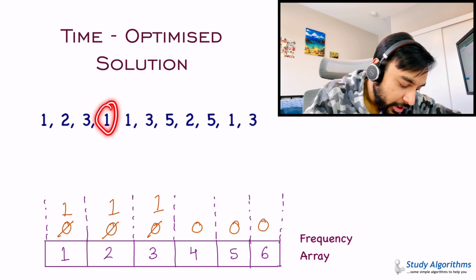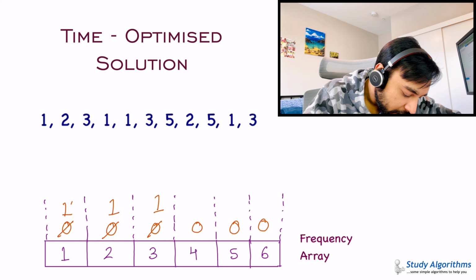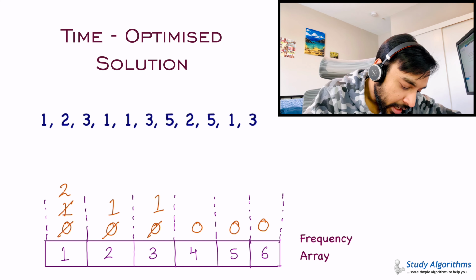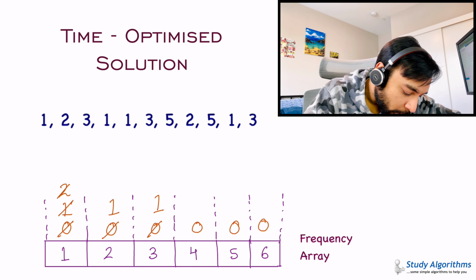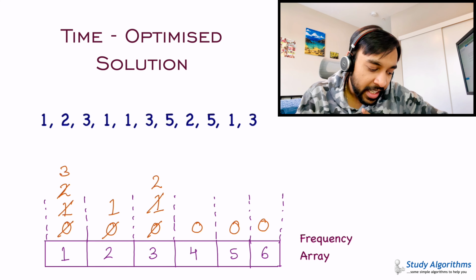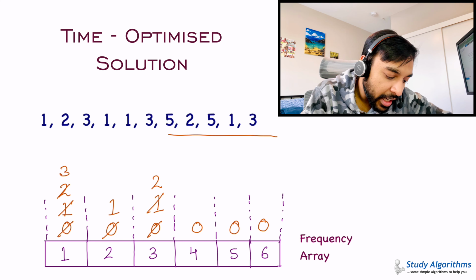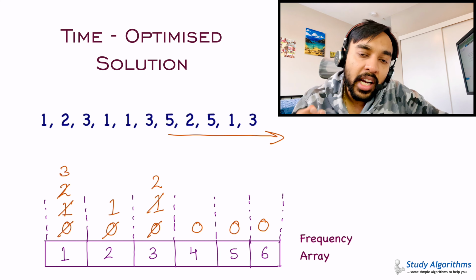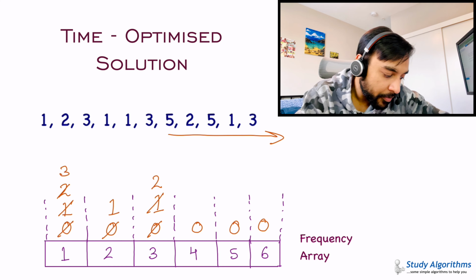Next, I have element 1 again. So I will increment the count of this 1 by 1 again. So this becomes 2. I have a 1 again. So this time again, I will increment the count. Moving ahead, I get 3. So just like this, I will traverse through my remaining array and I will increment the count in my frequency array.